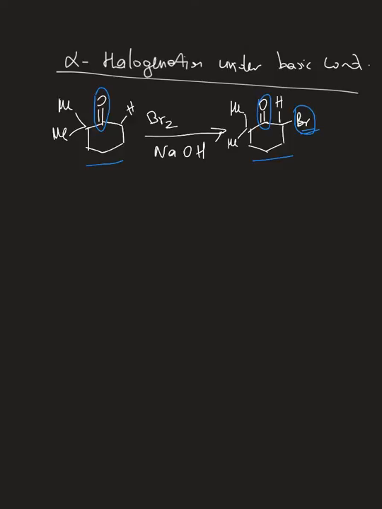That makes this proton in the product more acidic compared to the proton in the starting material. As a consequence, this reaction is very hard to stop at monobromination. So it will actually undergo another bromination to form this dibromo derivative.